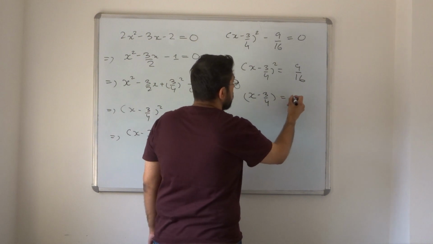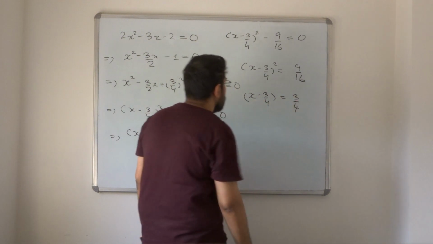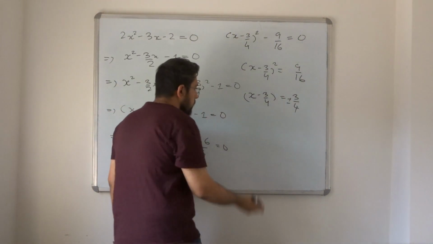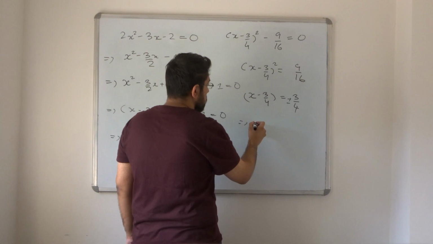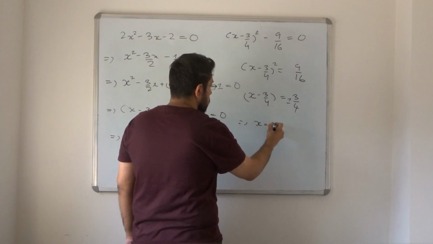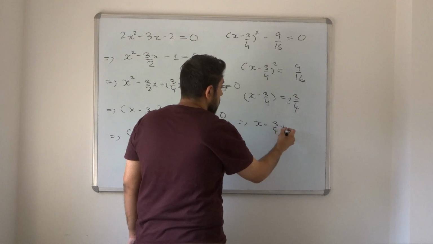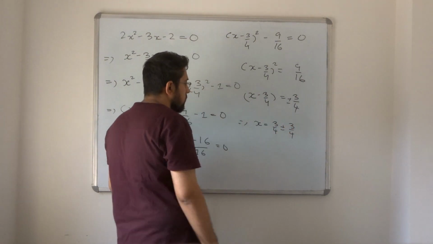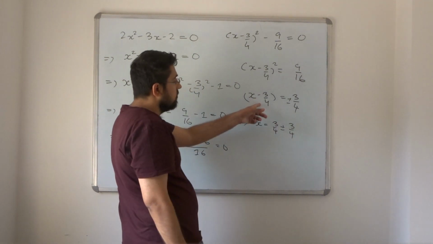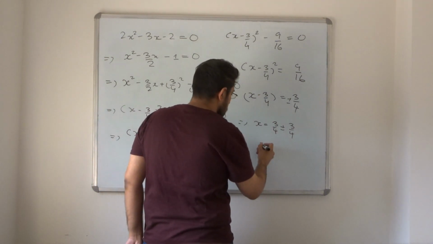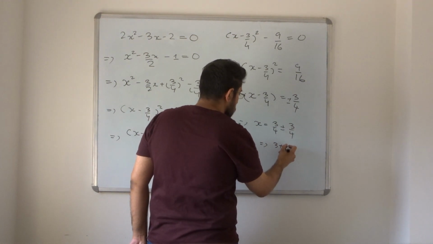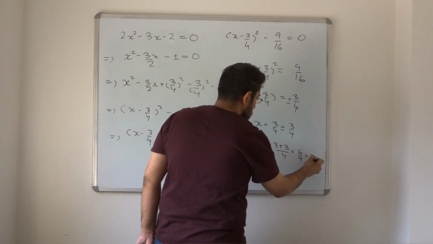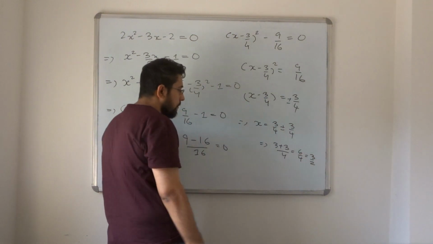Okay, so you get 3 by 4, but it's plus minus 3 by 4. Okay, and now this is what you get. You get x equals 3 by 4 plus minus 3 by 4. Now because this is negative, it becomes positive on this side. So basically you get 3 plus 3 upon 4. So 6 by 4 becomes 3 by 2.